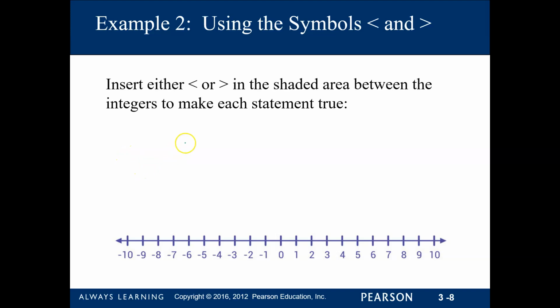For example, in this case, how are we going to compare -4 and 3? Even without your number line, you know that the negative numbers are always to the left of your number line and to the left of 0. So here we know that a negative number will always be less than our positive number.